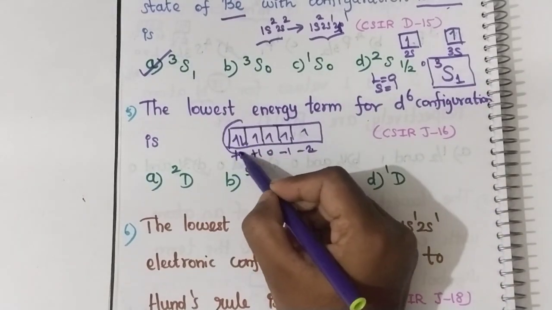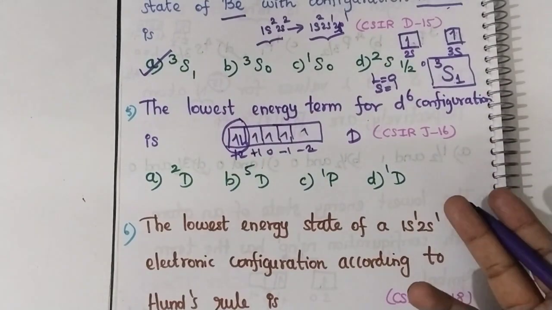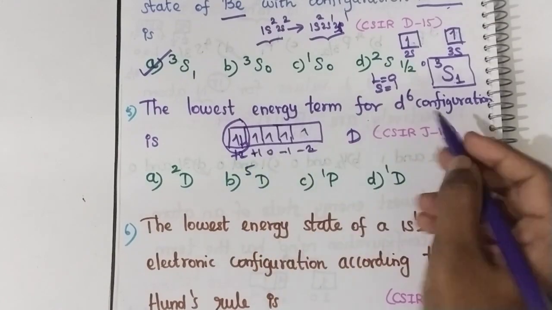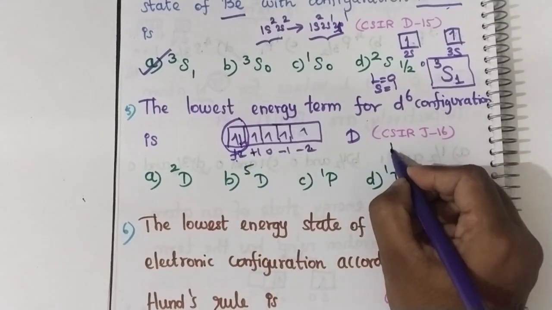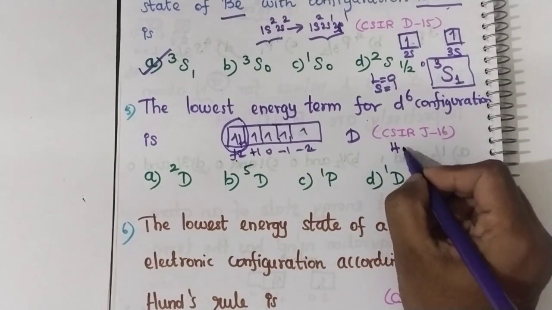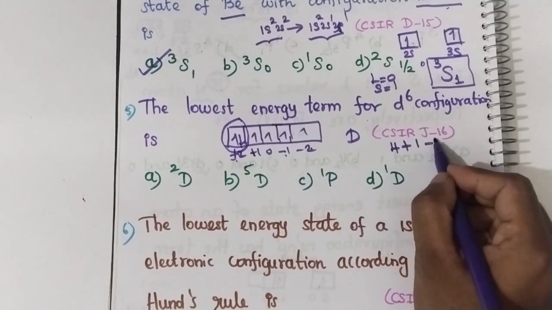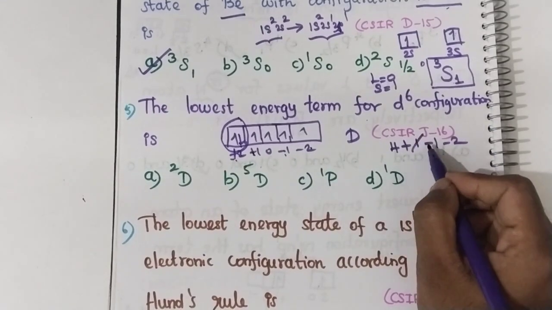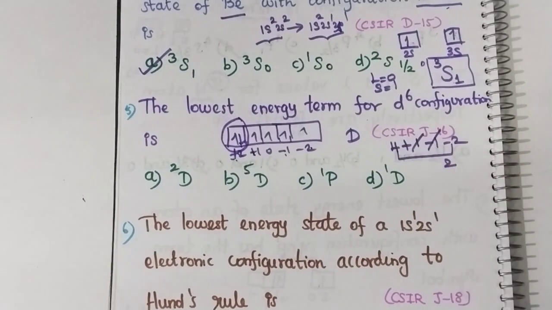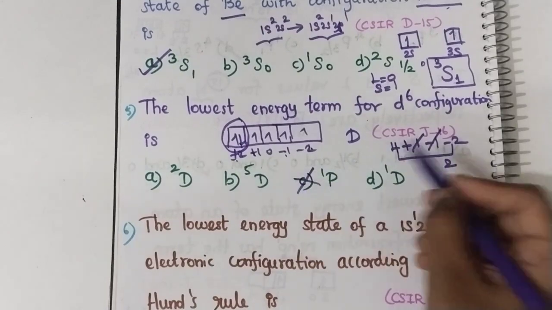One electron is present in the plus 2, and 2 electrons are present in the d orbital plus 2. So it is 4, right? Now 4 plus 1. Then here minus 1, minus 2. 1 minus 1 will get cancelled. 4 minus 2, it will be 2. Right? 2. Hence, D will be the right option.